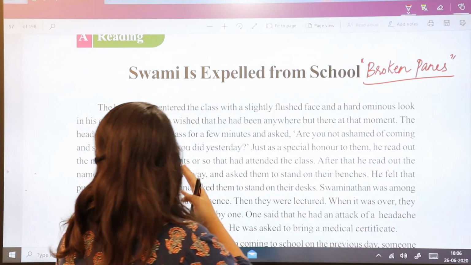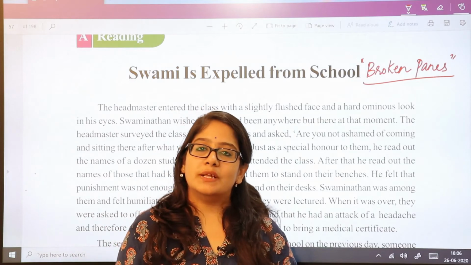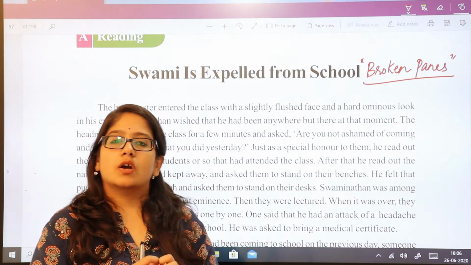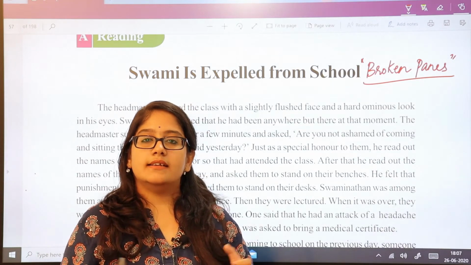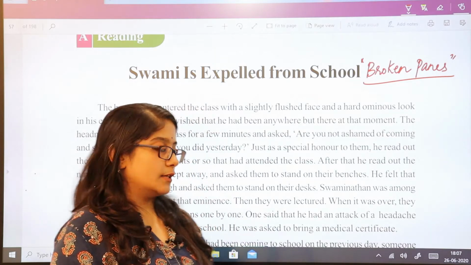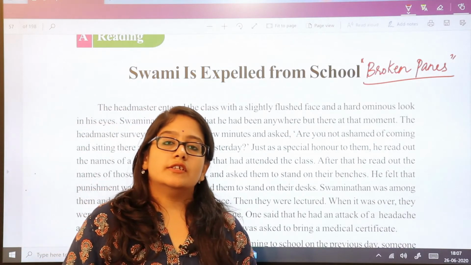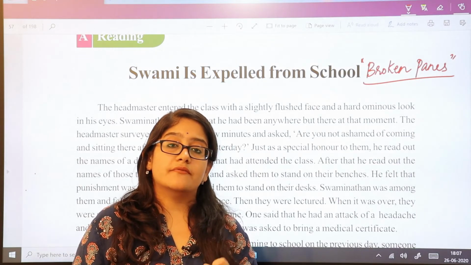Swaminathan was among them and felt humiliated at that eminence. So Swami was one of them and he really feels quite embarrassed, very ashamed, because it was a great insult to be standing on the desk in front of the whole class. So Swami is a very strong character and he has a lot of self-respect.